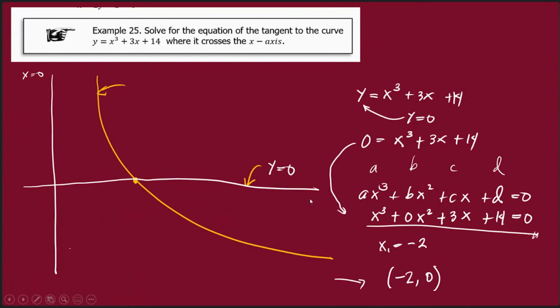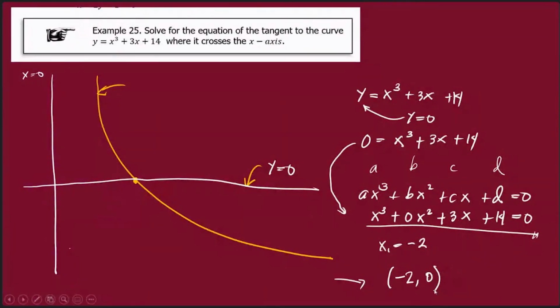That means if all are real numbers, there are 3 points where the curve intersects the x-axis. Then you get the equation of the tangent line at each of those points. So three answers.